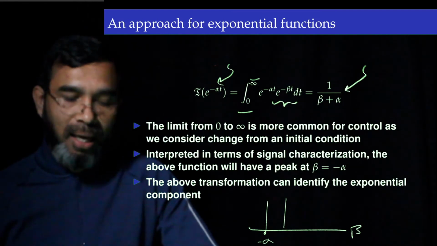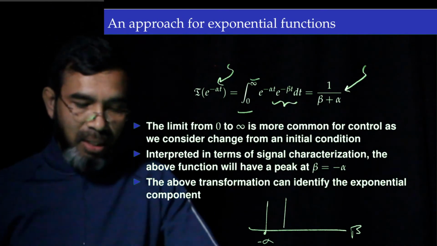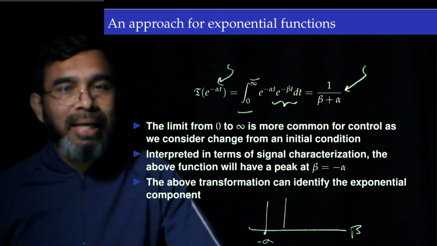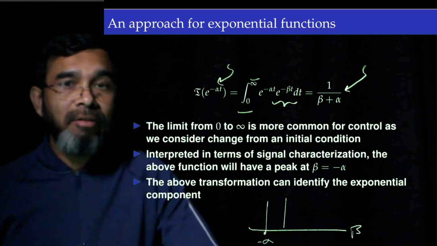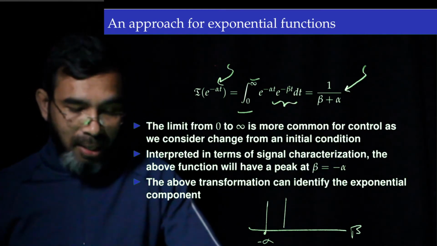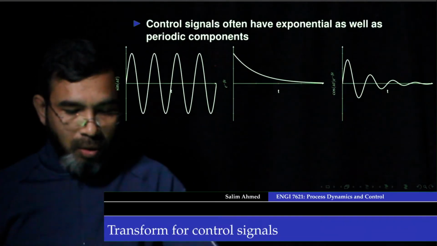Okay, so we have seen that the Fourier transform can identify the frequency content of the periodic signal. We see that if you weight it by an exponentially decaying term, it can identify the decaying factor in the original signal.